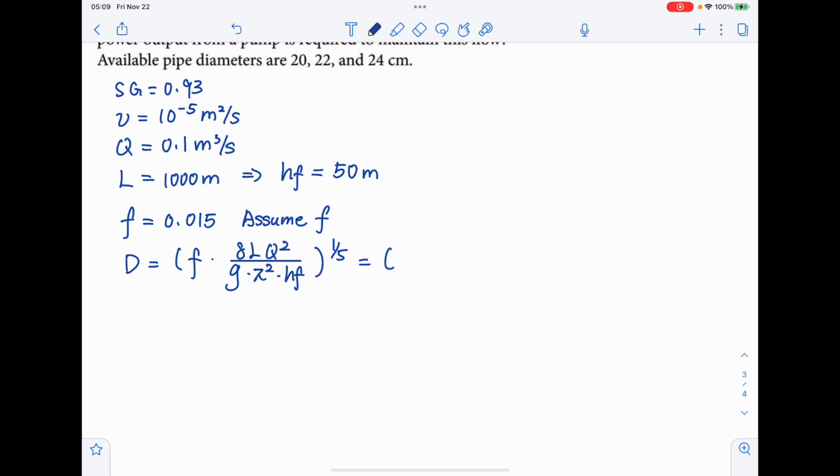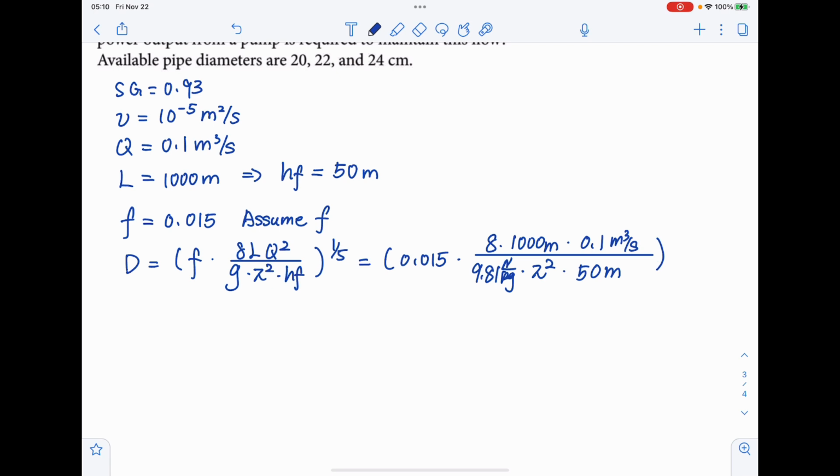So F is 0.015 times 8. The L is, because we choose, 1,000 meters, and the Q is 0.1 cubic meter per second, and G is 9.81 times pi to the power of 2, and the head loss for 1,000 meters should be 50 meters.